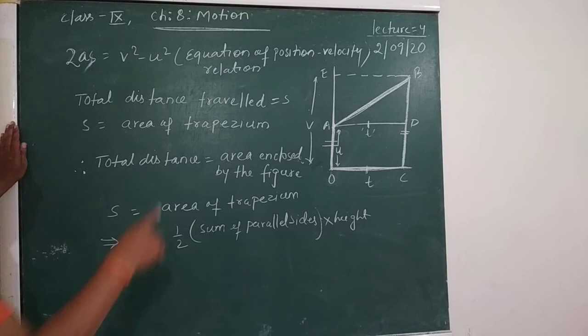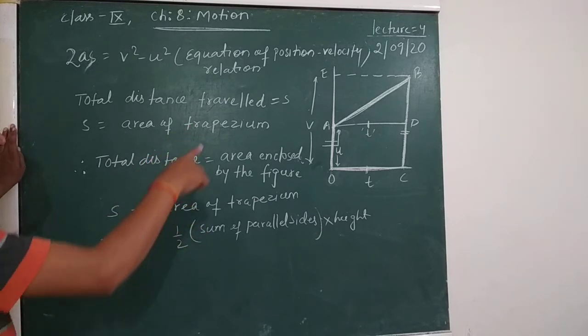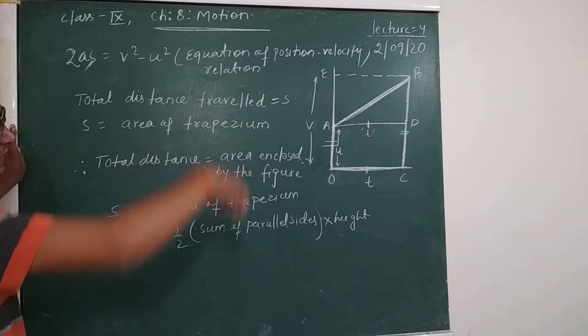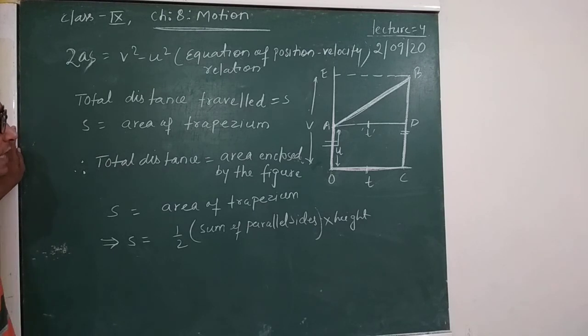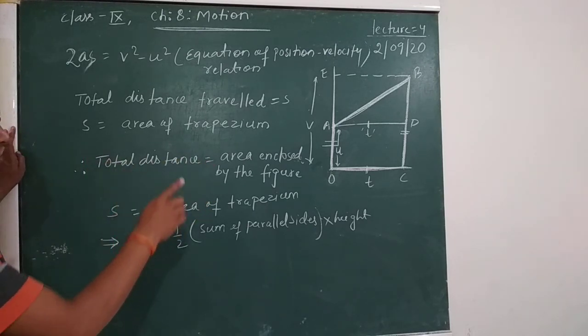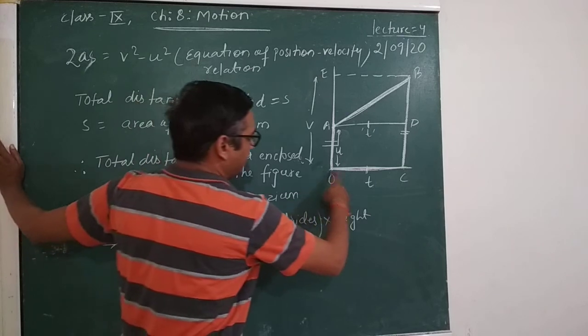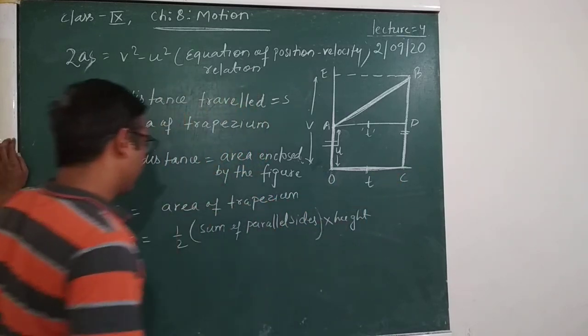You can see very clearly that the two sides AO and BC are the parallel sides. The height will be AD, or you can say this height is OC.